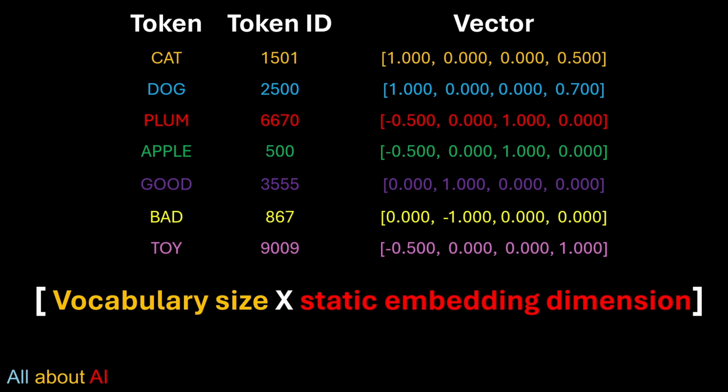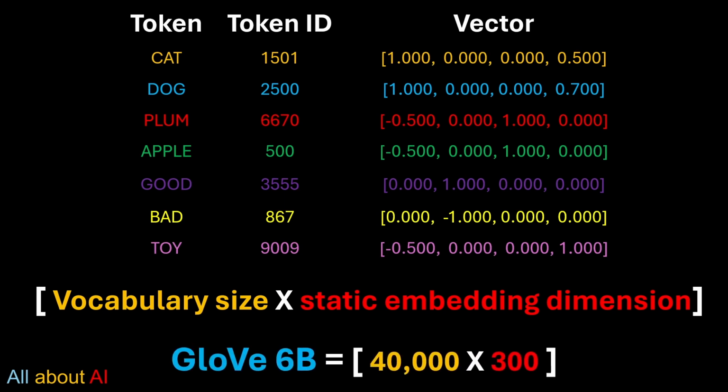The dense vector that each model ultimately uses is of the size of vocabulary size times static embedding dimension. So in the case of GloVe 6 billion vectors, it was 40,000 times 300. 40,000 was the vocabulary size and the static embedding vector dimension was 300.